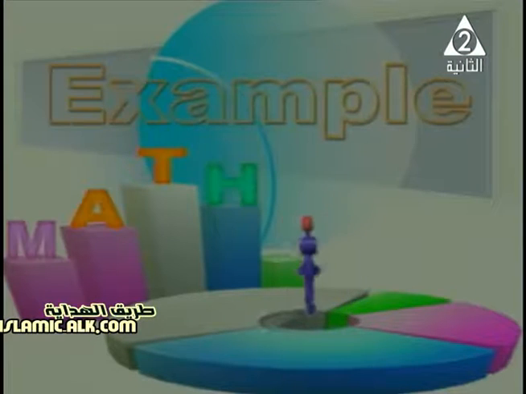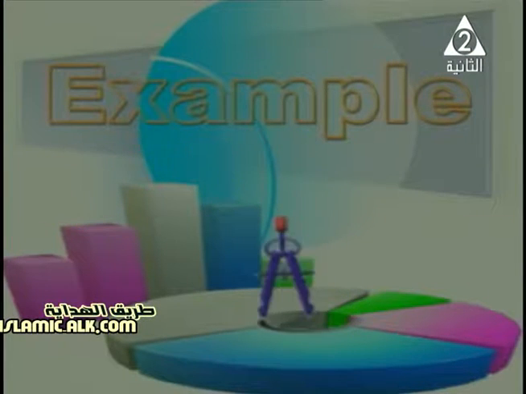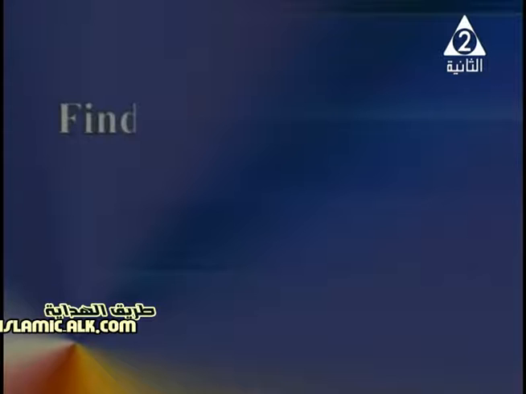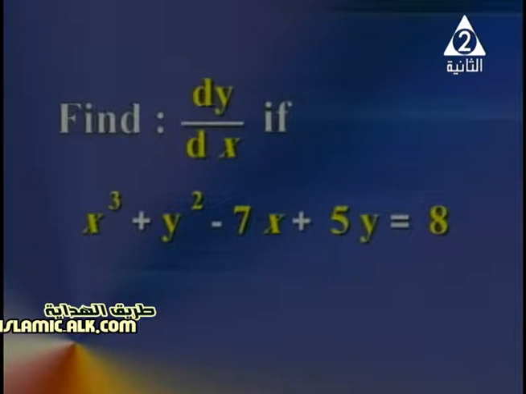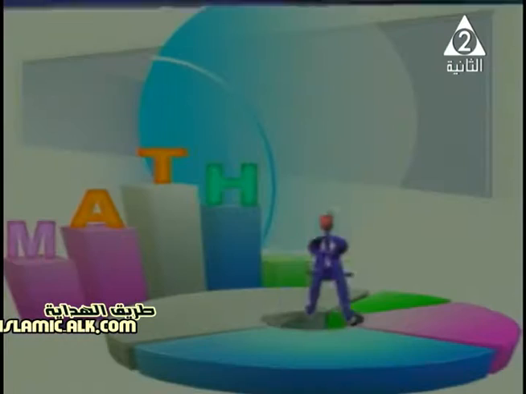Dear student, now we move to an example. Find dy over dx if x power 3 plus y power 2 minus 7x plus 5y equals 8. Solution.